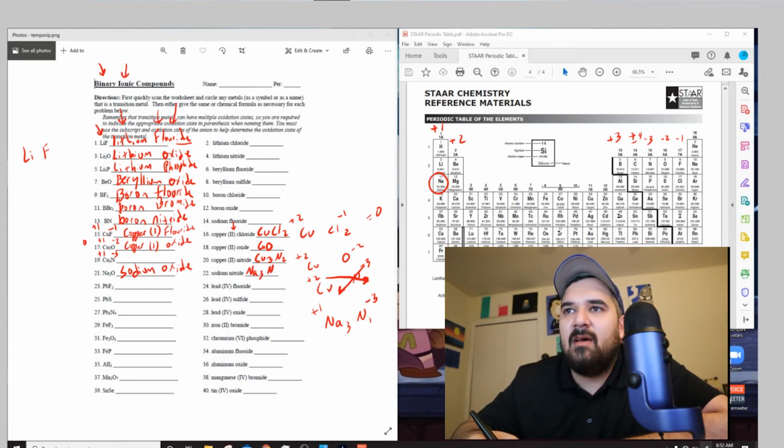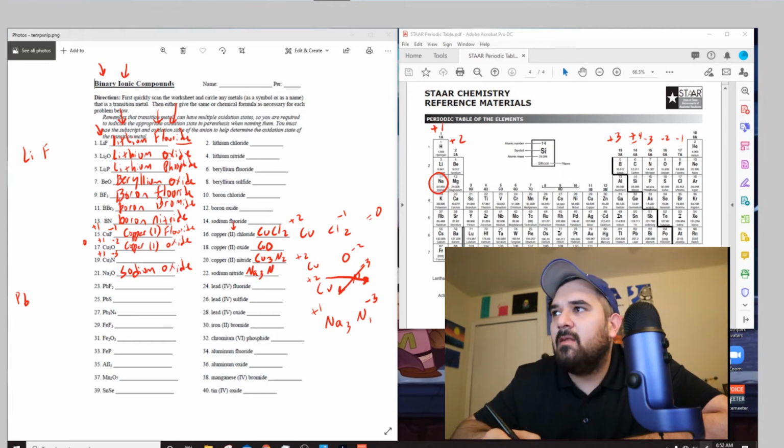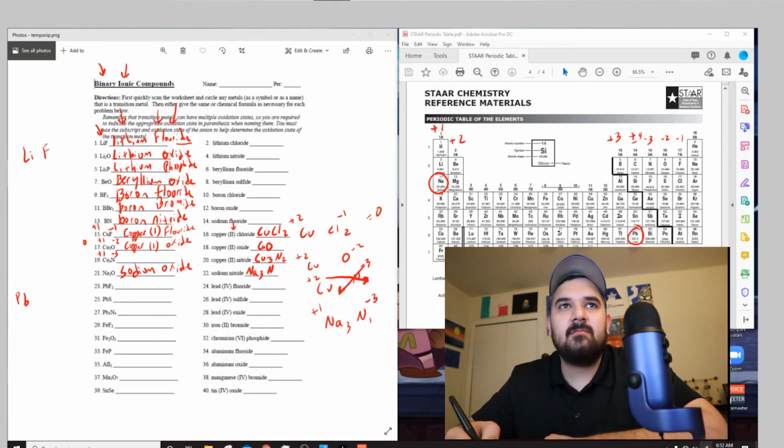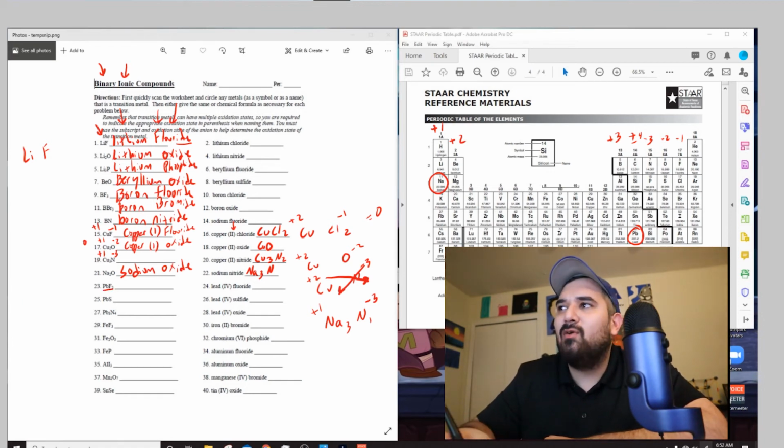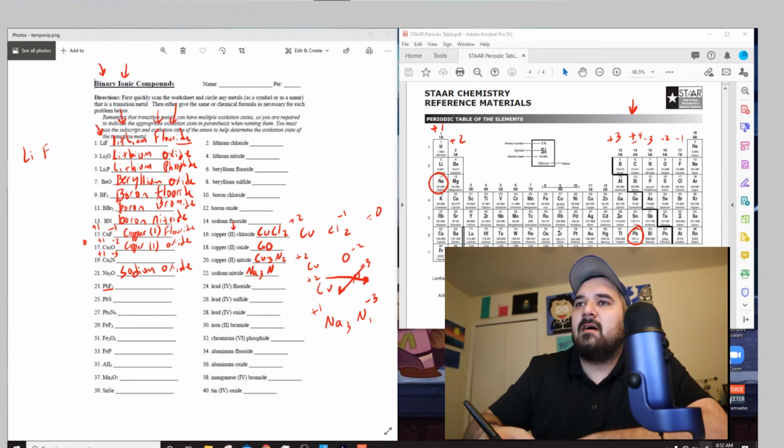All right, PbF2. So here we're going to start out with writing out our lead. So lead is a transition metal. It's right here. All right, so here we have lead, and I know lead is in group 14, which is ±4, but it's an exception. So this one is a transition metal. Lead is a transition metal, and here it's attached to 2 fluorines.